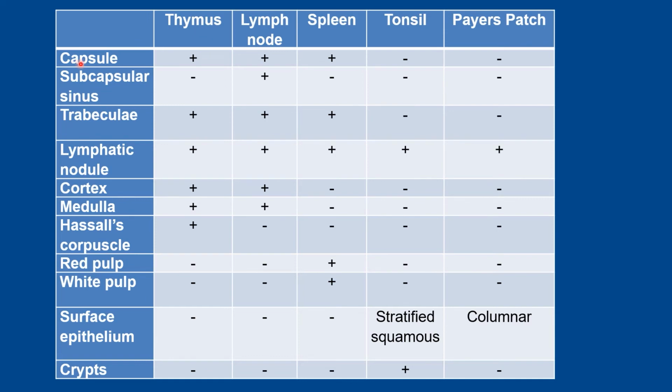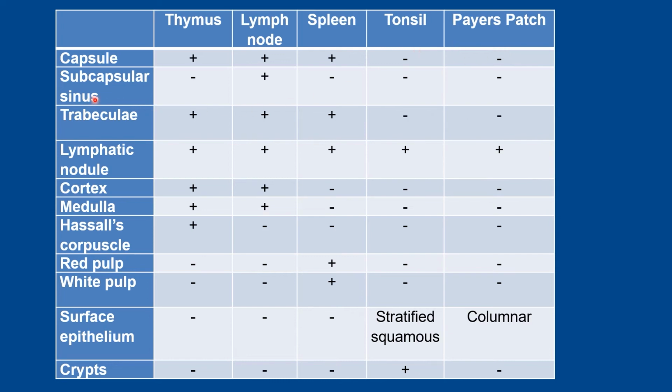The capsule is there in thymus, lymph node and spleen. In tonsil and Peyer's patches, the capsule is not there towards the luminal side, only a remnant of capsule will be there on the external surface of the tonsil and Peyer's patch.